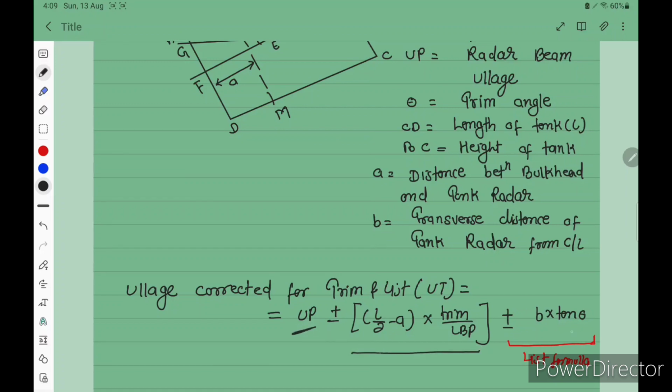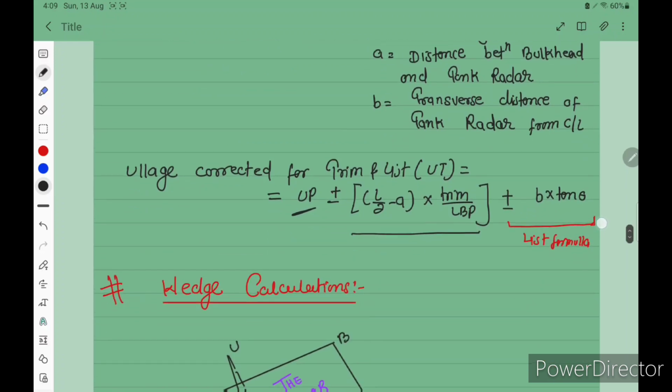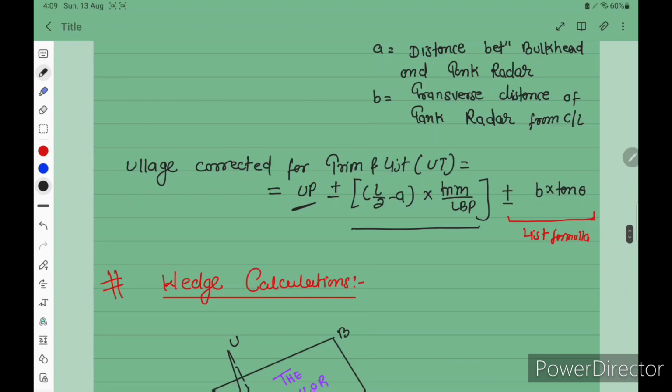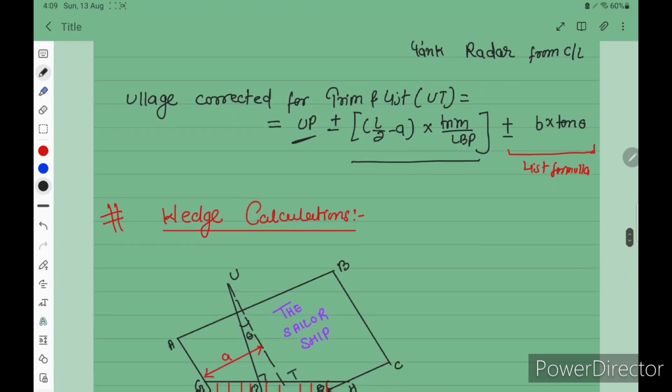This is the trim formula, this is the list formula, which we already used for the tank UTI MMT, the same formula. So just remember that when the radar beam is used, we just add UP. This is a simple way to remember, because we cannot remember each and every thing. It is easy for tanker people, but a little difficult for non-tanker people. So just remember it this way, or you can choose whatever works for you.